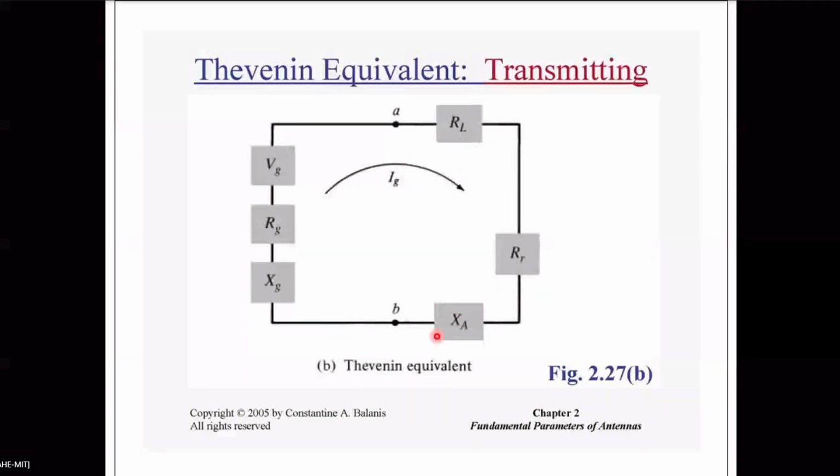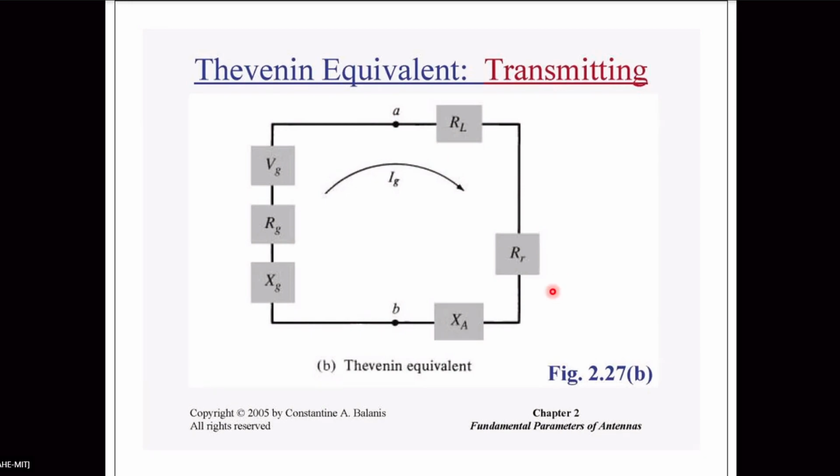And there is an inductance XA due to the wire of the antenna, the metallic part. And there is one RR. Now what is this RR? This RR is called the radiation resistance. Now radiation resistance is a fictitious resistance. This is not present actually.